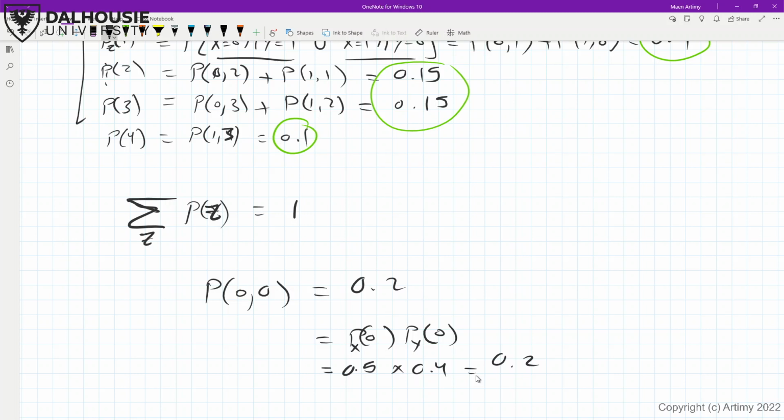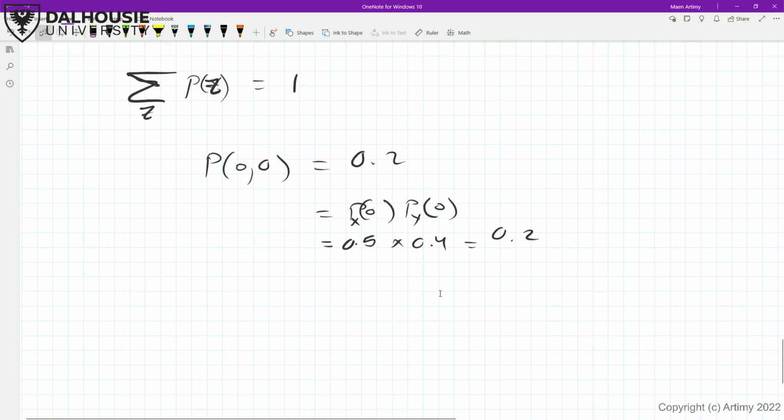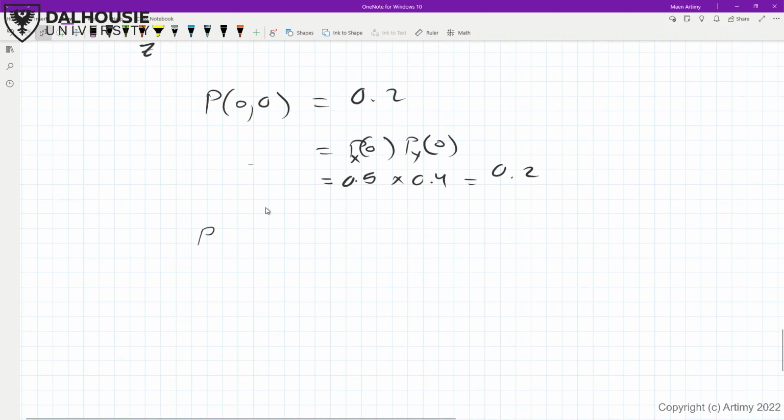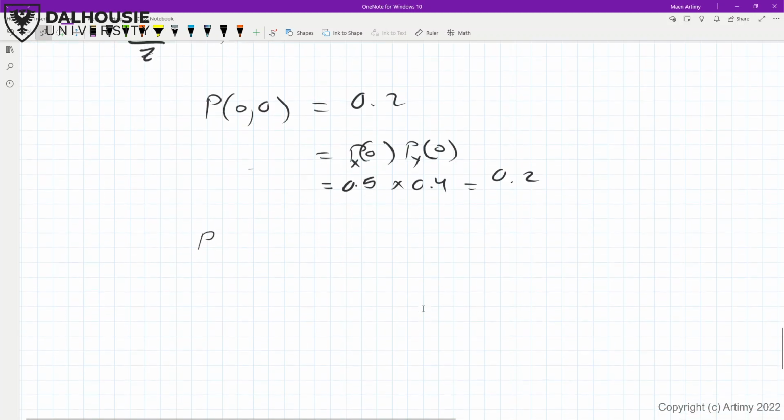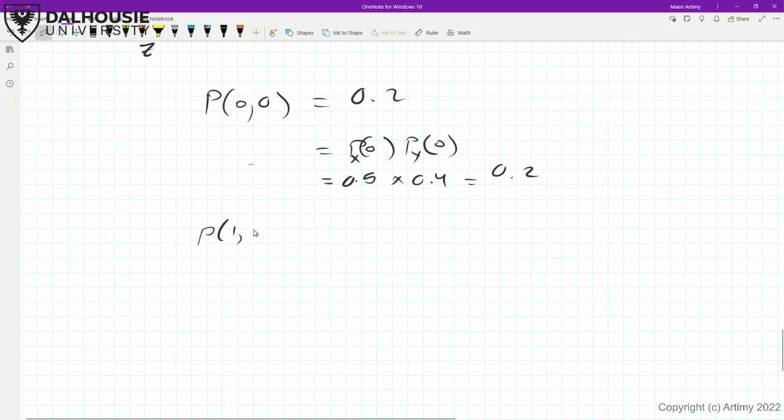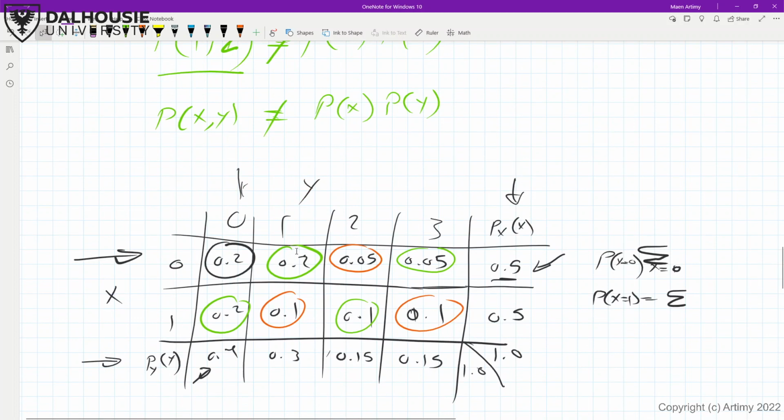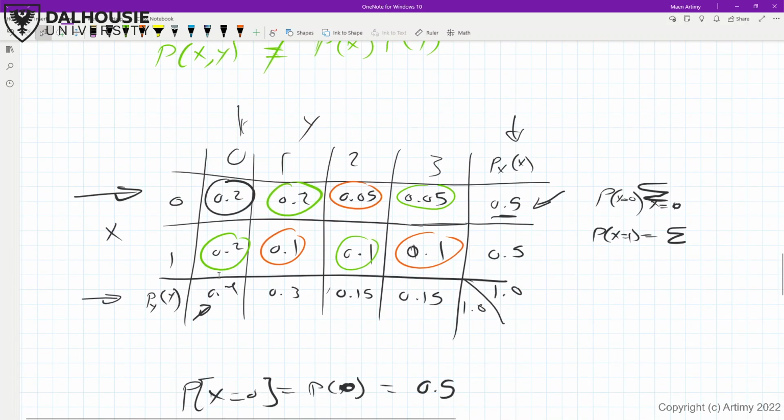Should I celebrate and say they are independent? Well, let's try another value. Let's pick 1 and 2. (1, 2) is this value here, 0.1.